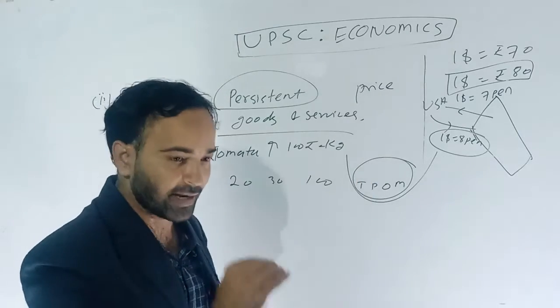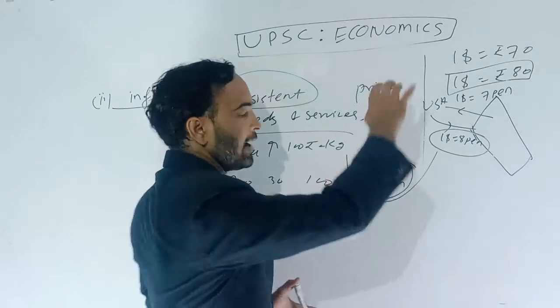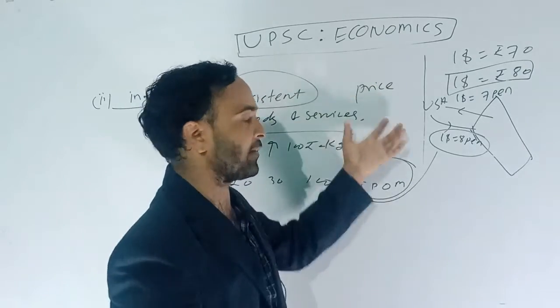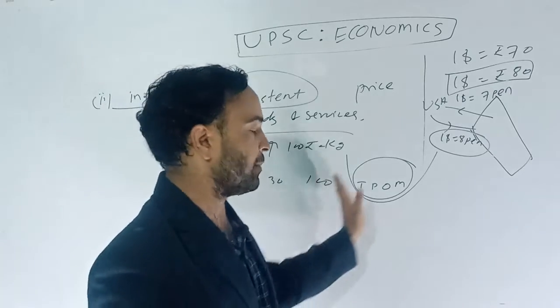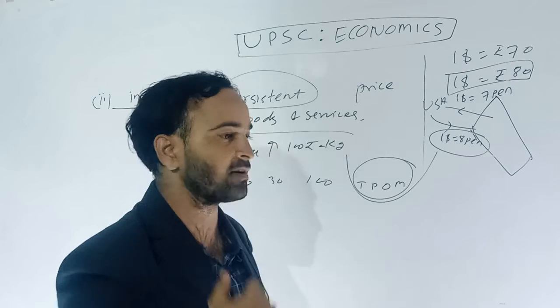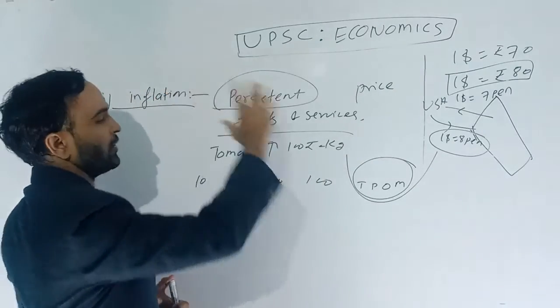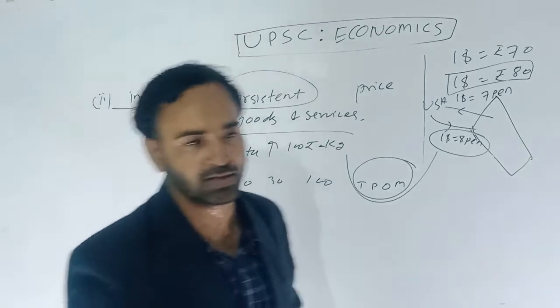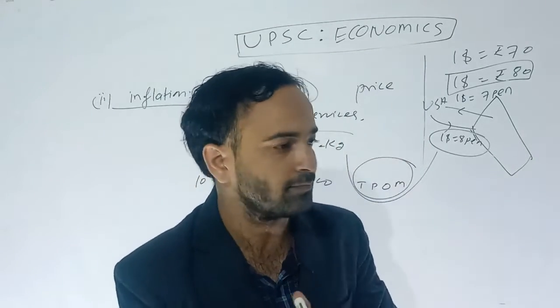Not suddenly overnight, where you wake up in the morning and it has increased to 100 rupees, and when you go to sleep it has become 50 rupees the next day. This will not be considered inflation. If it is continuous monthly, two months, three months, or even 15 days continuously, then we can consider that under inflation. Not a single day, not an individual item. It is a basket of items.